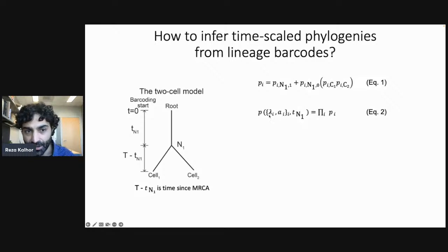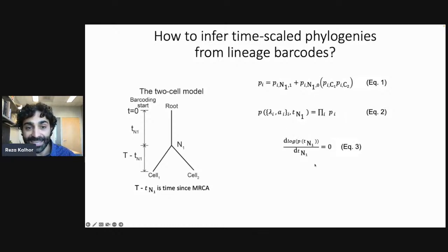So as a function of how many barcoding sites there are, what each of their Poisson point process mutation rates are, what each of their allele emergence probabilities are, as well as the alleles that are observed in these two cells, and the time to the most recent common ancestor, we can get the probability of observing the entire allele sets between two cells.